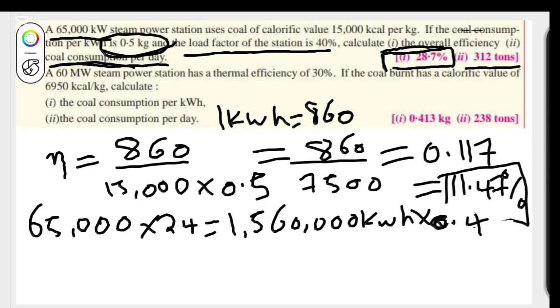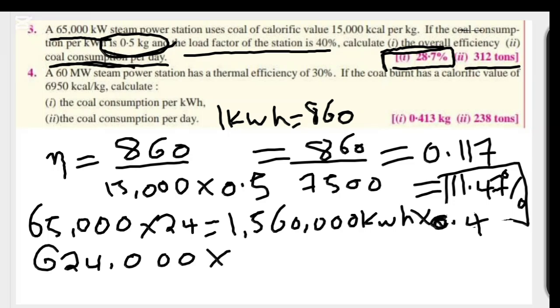So the next thing that I'm going to do after multiplying, let me see what I will get. Let me say answer multiplied by 0.4. So I'll get 624,000. After then, don't forget, I have my 0.5 for the coal. So I have to multiply it by the coal, which is 0.5.